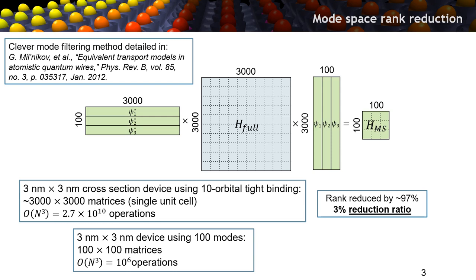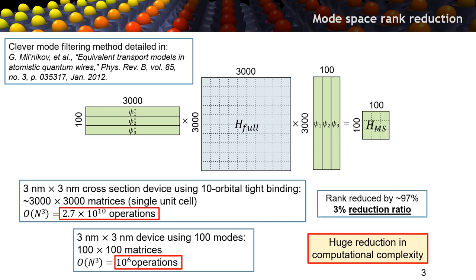And in this example, we reduced the size of matrices having 3,000 rows and columns down to just 100 rows and columns, which will result in a huge reduction in computational complexity in NEGF calculations.